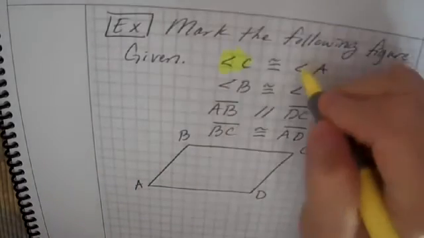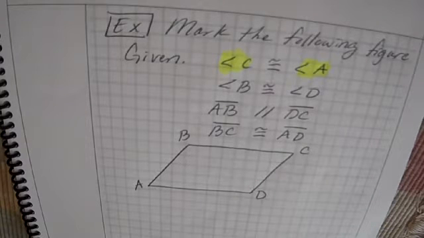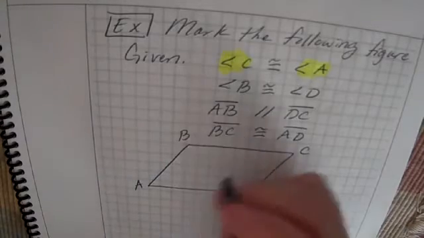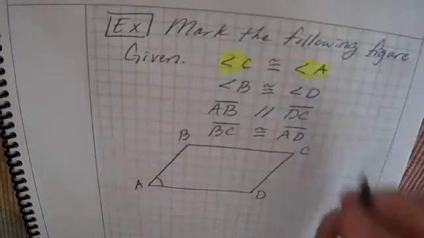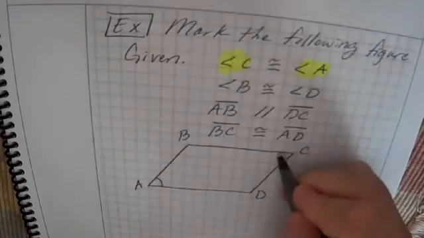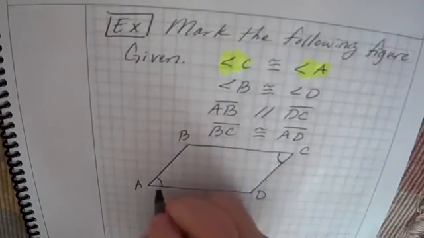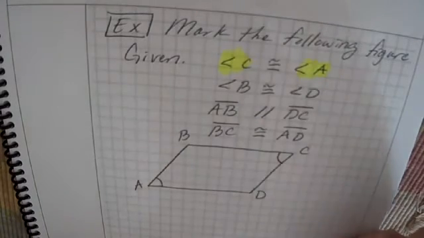So I want to show that angle C and angle A are congruent. In order to do that, I am going to mark them with the same markings, okay? So with angles, to show that they're congruent, typically you do a little swoop and you have the same number of swoops, right? So I did one swoop at A and I'm doing one swoop at C. If you want, you can also put a little hash mark, little line through that.